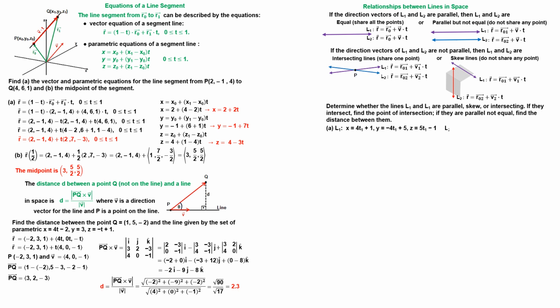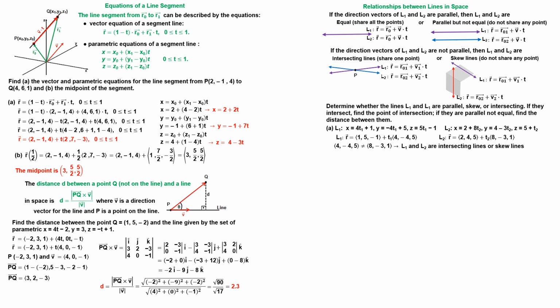From the parametric equations, we can write the vector equations of the lines. Now their direction vectors and the point P on the lines are clearer. These vectors are not parallel, since neither is a scalar multiple of the other. Thus, the lines are not parallel. Because the direction vectors are not parallel, the lines are either intersecting or skew.